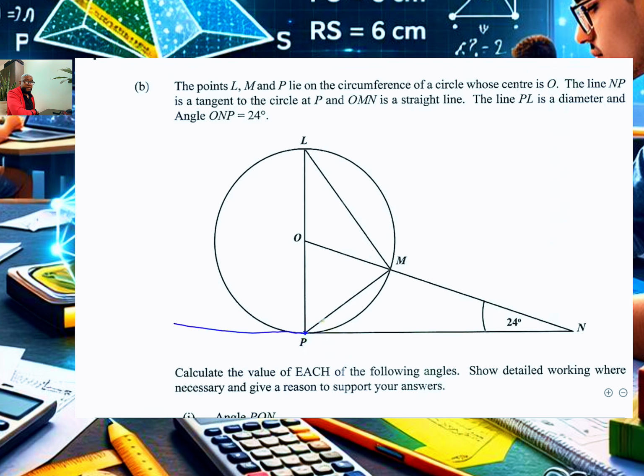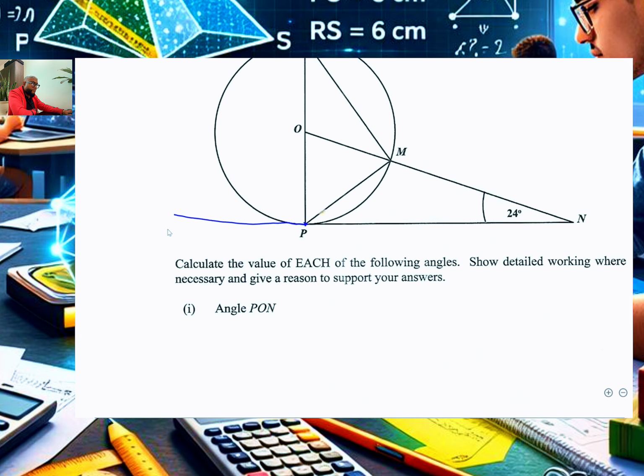Is everybody clear there? And O, M, N, O to M to N is a straight line. The line PL is a diameter, and angle O to N to P is 24 degrees, right? Let's see what the question is asking us for.